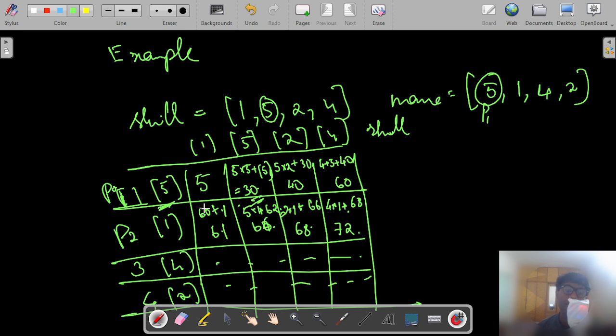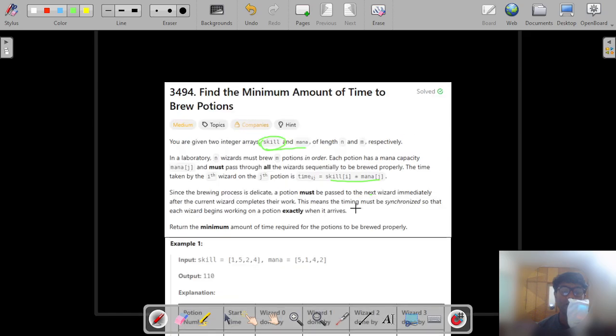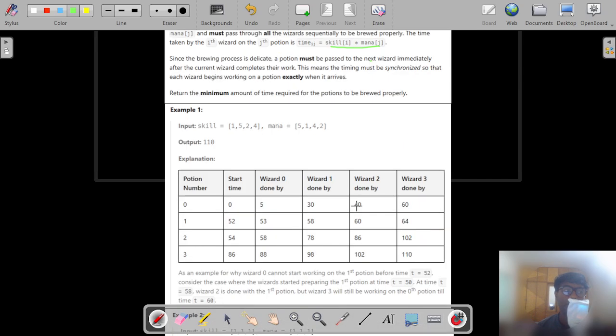But one thing that I want to say here is that a specific potion needs to be brewed by all the skilled workers, and all the skilled workers need to be available, and the potion needs to be brewed immediately, which means there should be no pause.